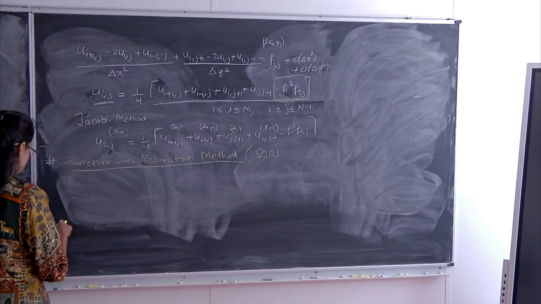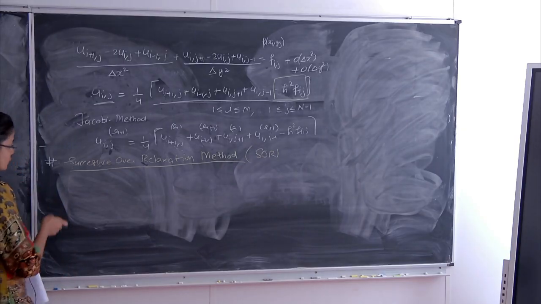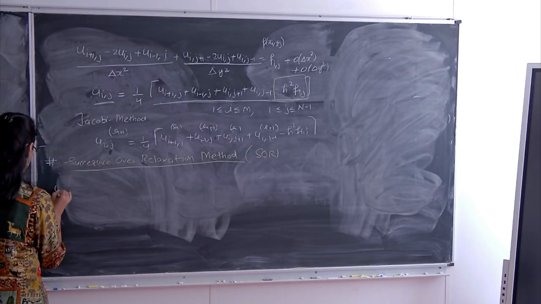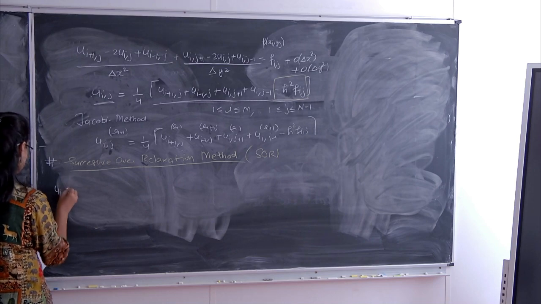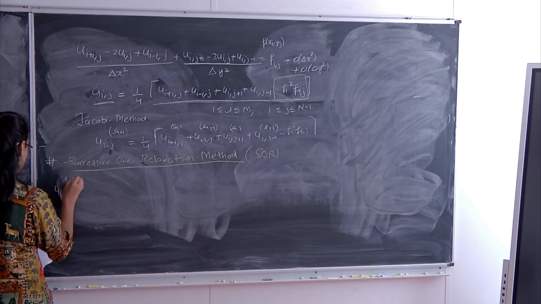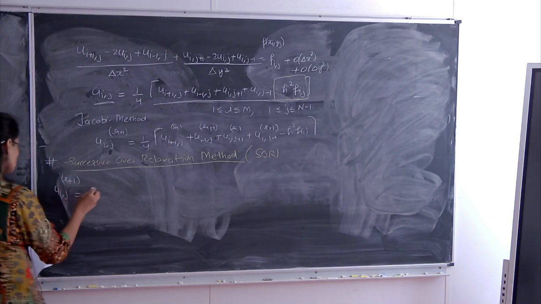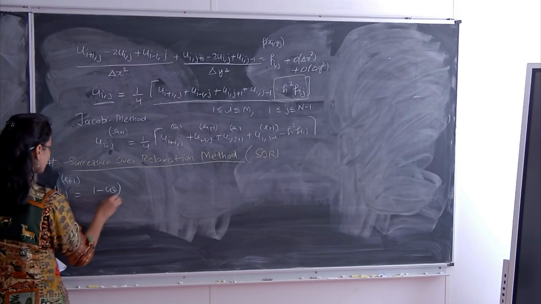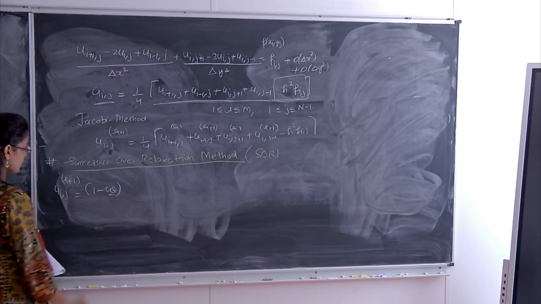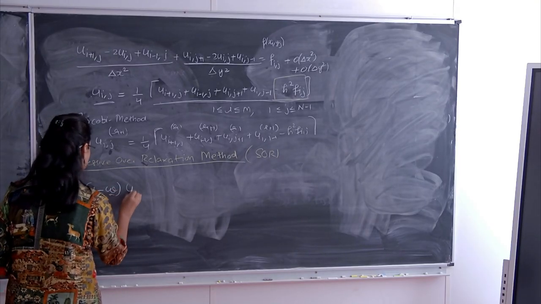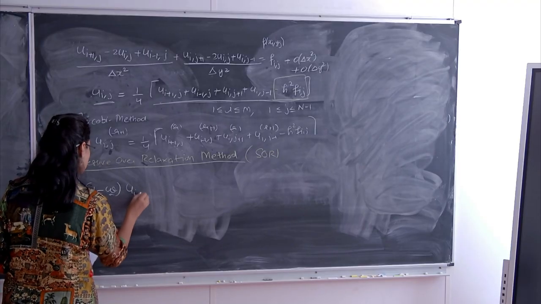Let's understand how I will write down the formula. Here, u i j at r plus 1 is equal to, I introduce a factor which is omega, 1 minus omega I am writing here. Let me first write it down, then I will explain.